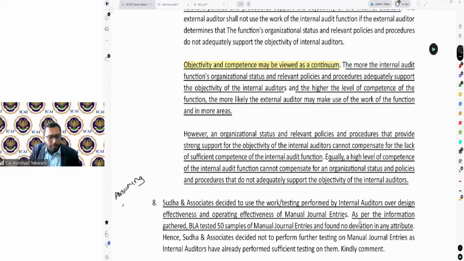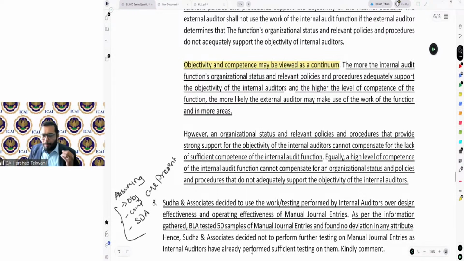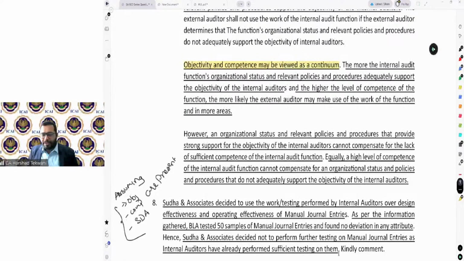They want to rely upon the work performed by the internal auditor, and Sudha and Associates decided not to perform further testing on manual journal entries as internal auditors have already performed sufficient testing on them.